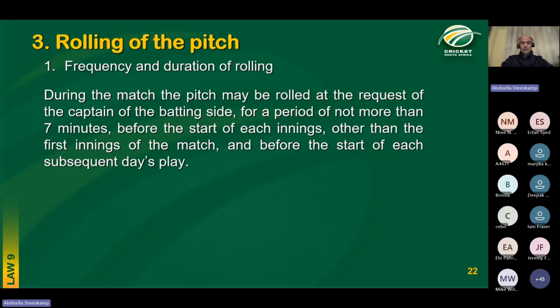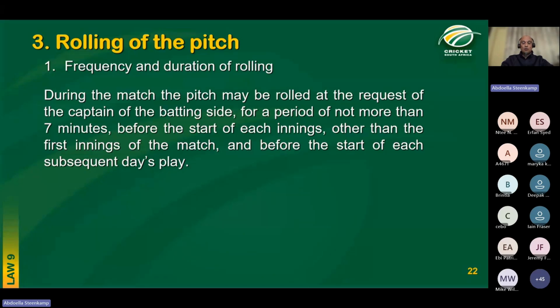So what will happen is, as soon as South Africa is dismissed, let's say at 13:30, the umpires will then ask the captain of Australia if he or she wants rolling, and if yes, how long.